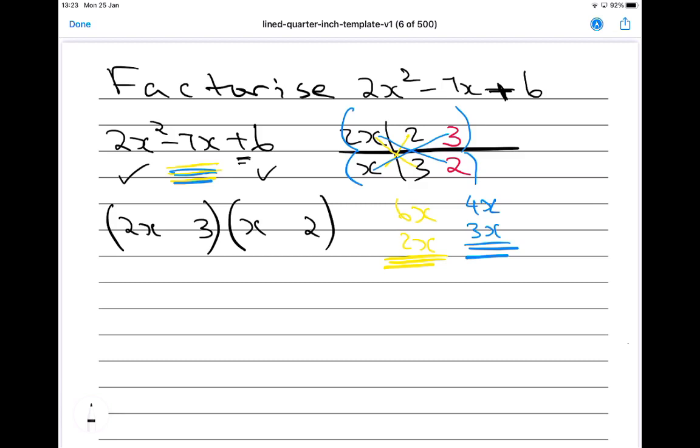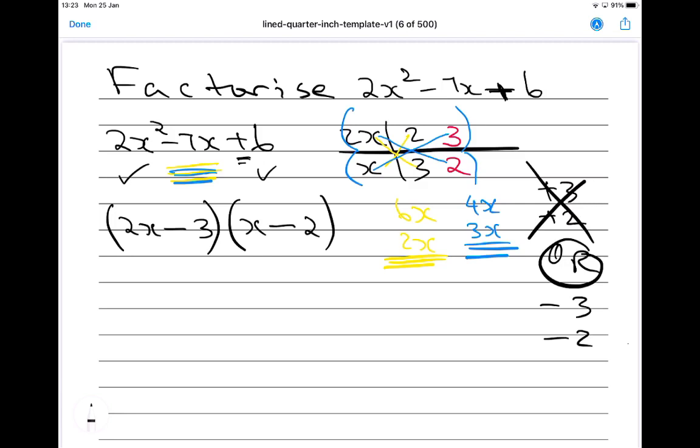Now for you to get a positive 6, either the 3 is positive and the 2 is positive, or the 3 is negative and the 2 is also negative. That will give you a plus 6. But if you check, we are trying to get a negative 7x. So that tells us that it can't be a plus. It should be a minus. So I know that I must put a minus here and a minus there.